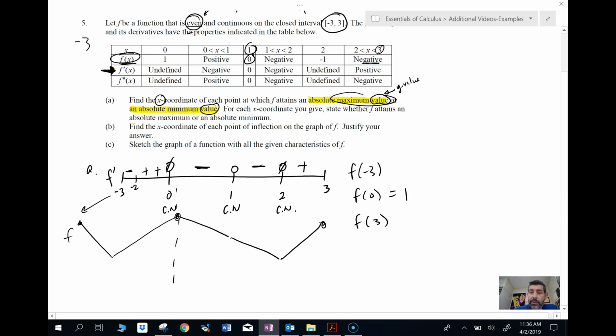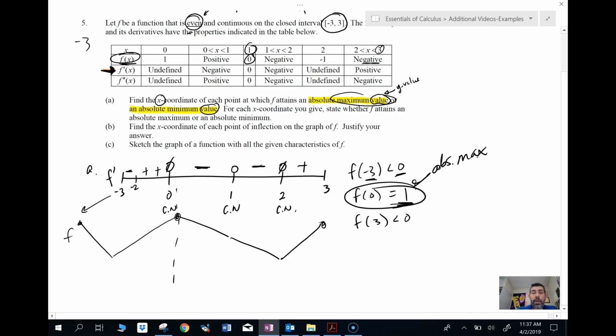So f of 3 is going to be negative. So that's got to be smaller than this one right here, right? And if it's symmetric, then this has also got to be negative because it's down there. So these guys are going to be smaller than that. So right here is my absolute max.